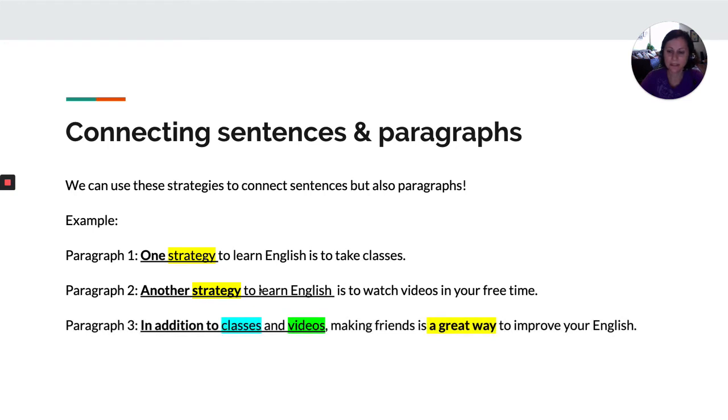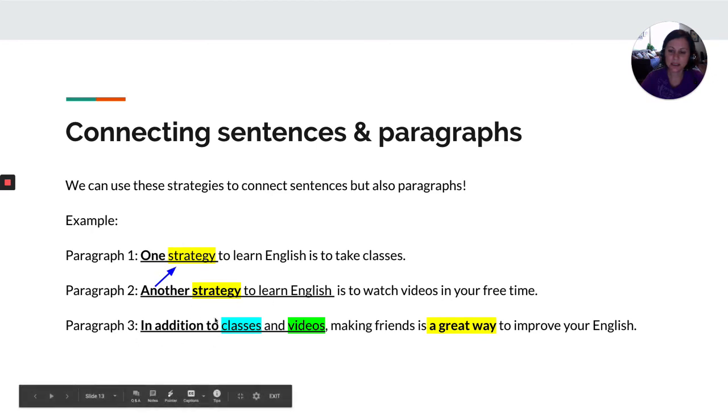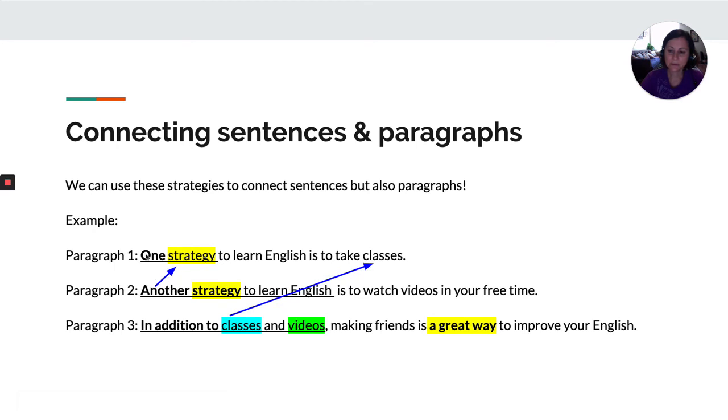Paragraph 3. In addition to classes and videos, making friends is a great way to improve English. Instead of saying strategy, I'm saying a great way. These are key terms and phrases related to my topic. And I use this transition, in addition to. So another is referring back to one strategy.